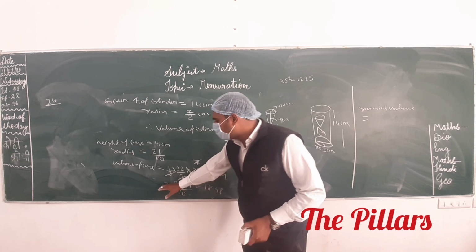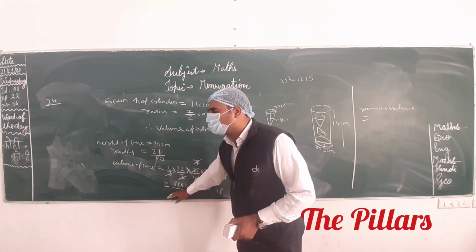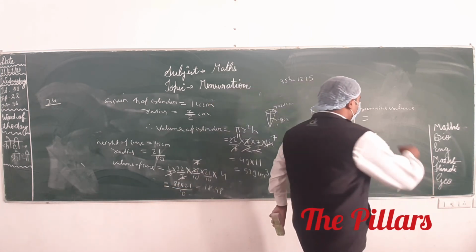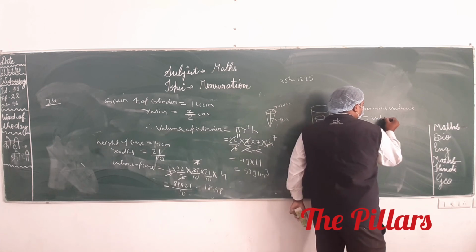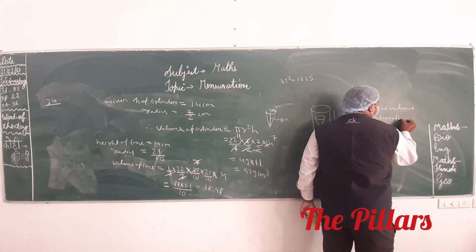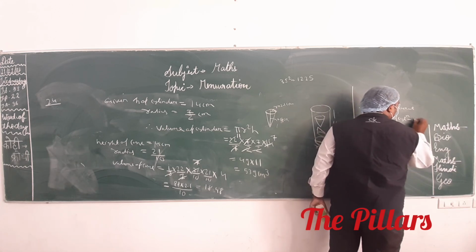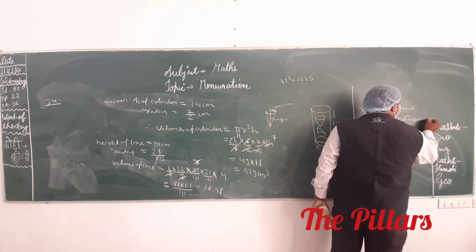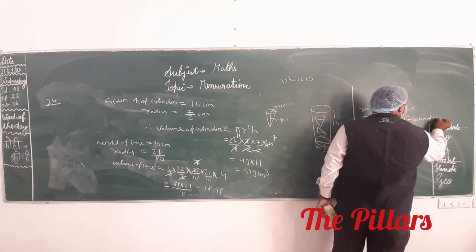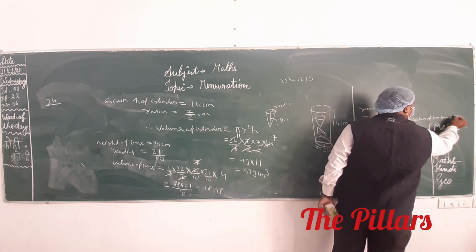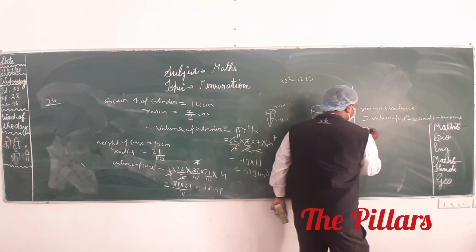It means you have to remove this volume 2 times. So the remaining volume equals the volume of the cylinder minus the volume of 2 same cones.